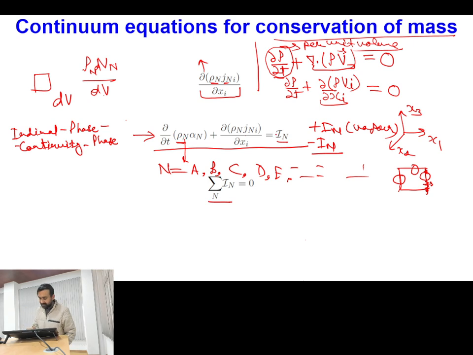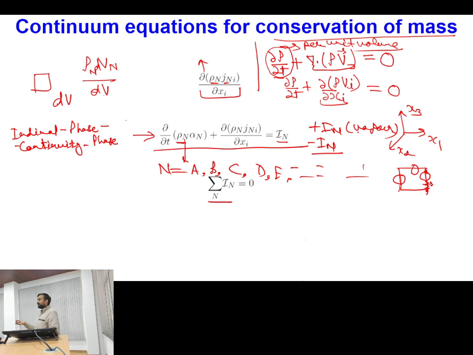In this equation, one distinction from the single phase continuity equation is that here this I n can be positive or it can be negative, and I n represents nothing but the mass interaction term. Typically, interactions can be in terms of phase change or because of chemical reactions.